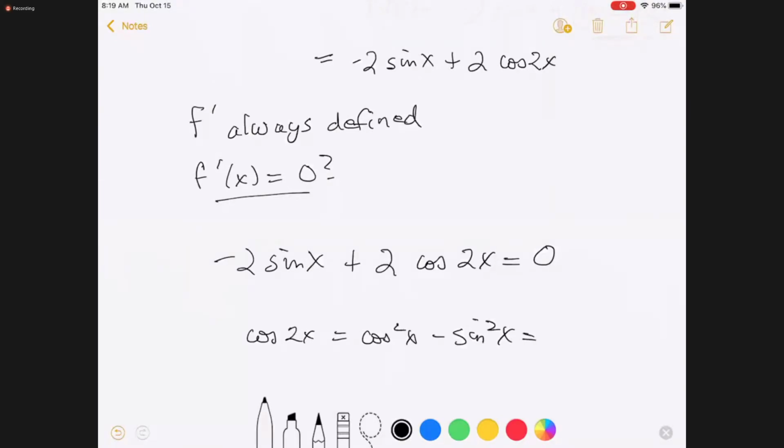Or if you replace cosine squared with 1 minus the sine squared, that would give you 1 minus 2 sine squared. Or if you replace sine squared with 1 minus the cosine squared, that would give you 2 cosine squared of x minus 1.